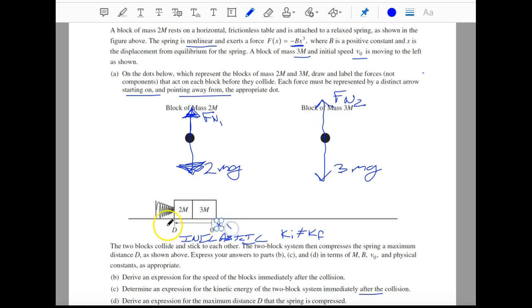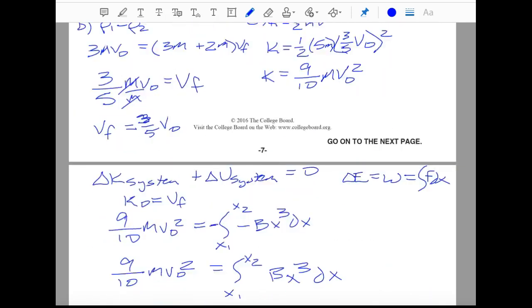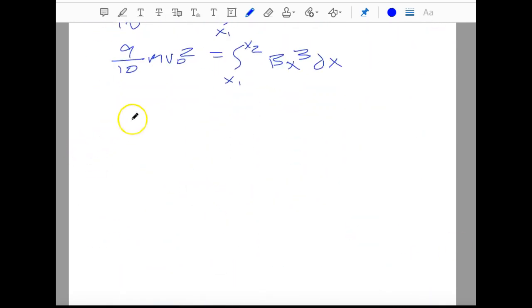We're going to use the notation they have there. So 9/10 m v0 squared is equal to the definite integral from 0 to d of bx cubed dx.